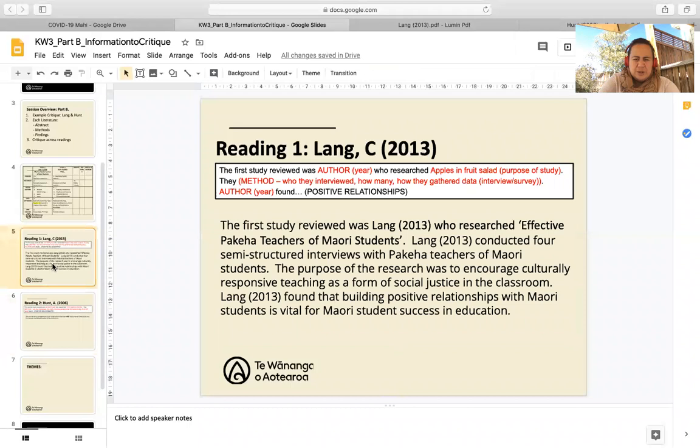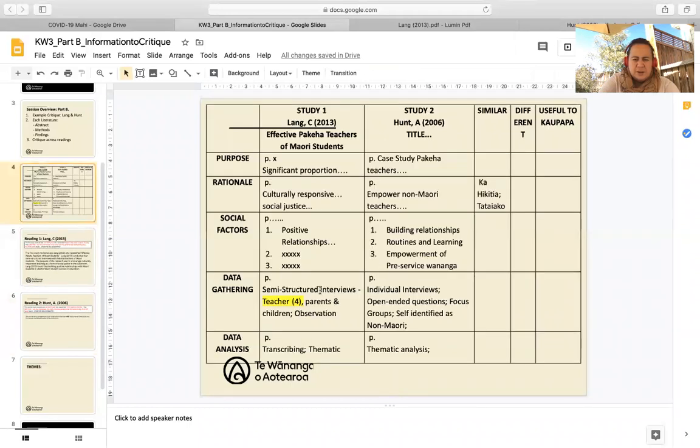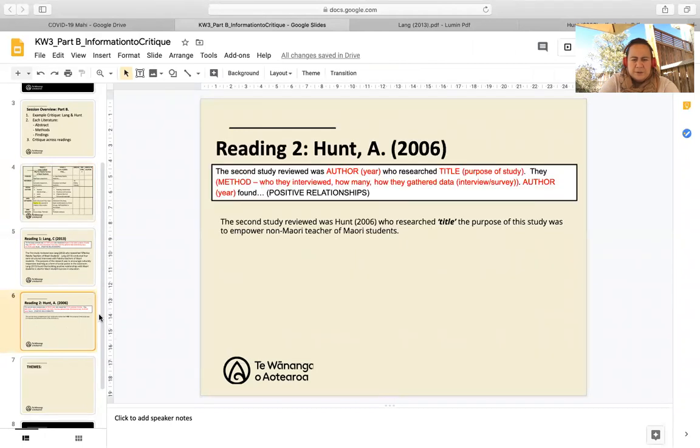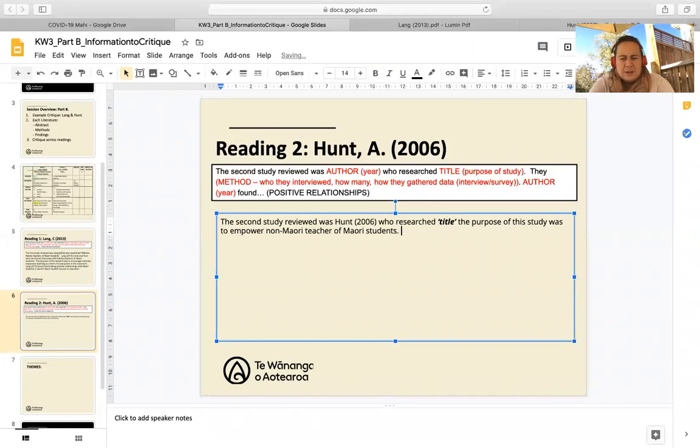Again, we're just doing here. There you go. They use open-ended individual interviews. Hunt used open-ended interviews on teachers who self-identified as non-Māori.